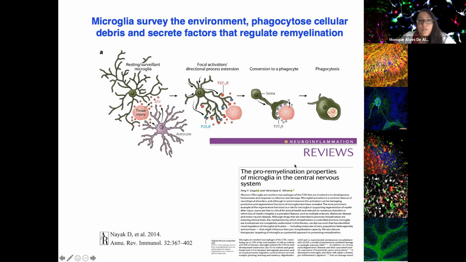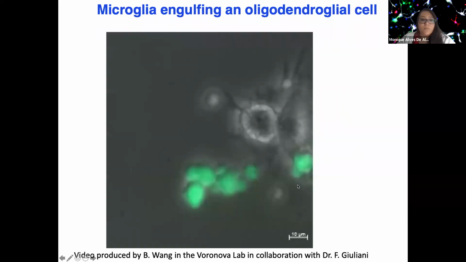And besides, during demyelination, microglia support the recruitment of OPCs and their subsequent differentiation into mature myelinating oligodendrocytes through clearance of myelin debris, secretion of growth factors and cytokines, and modulation of the extracellular matrix.